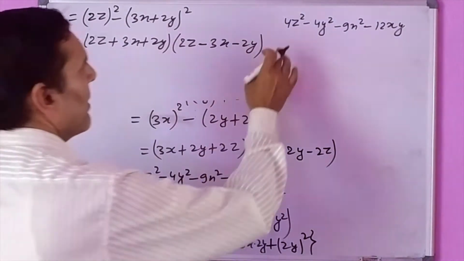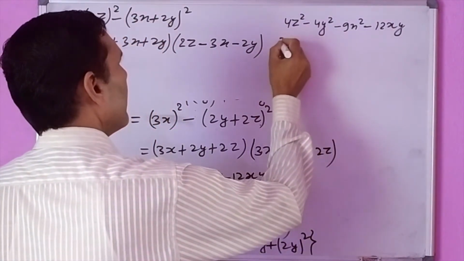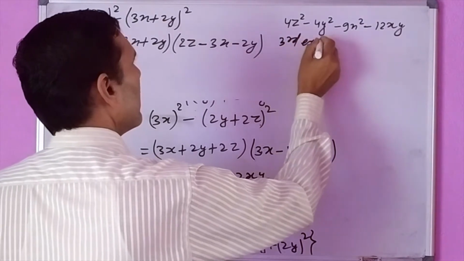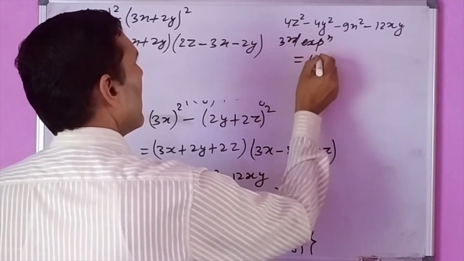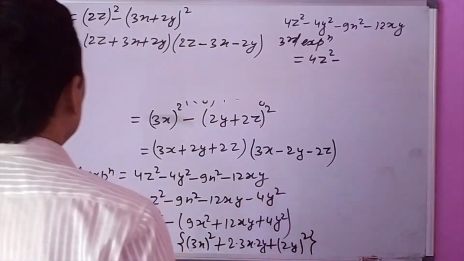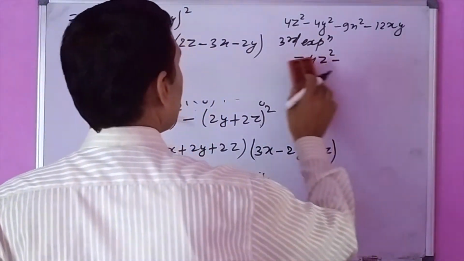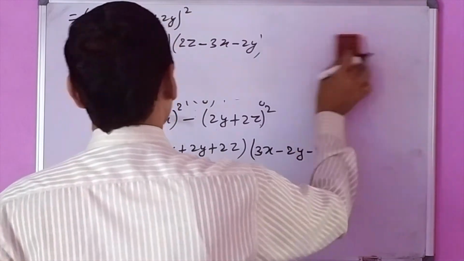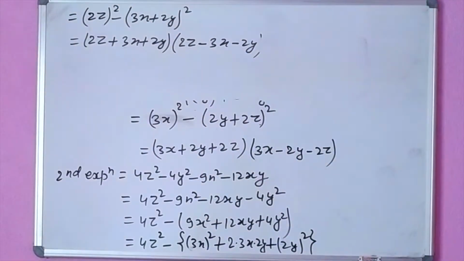Now we have the third expression here. Four z square minus, this is not the third expression, this is the second expression.